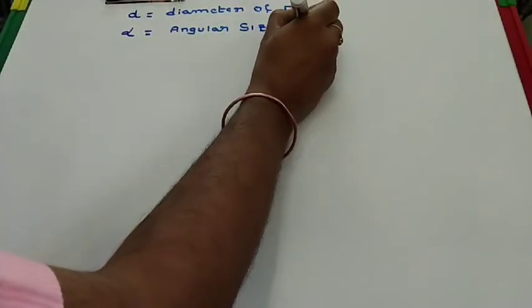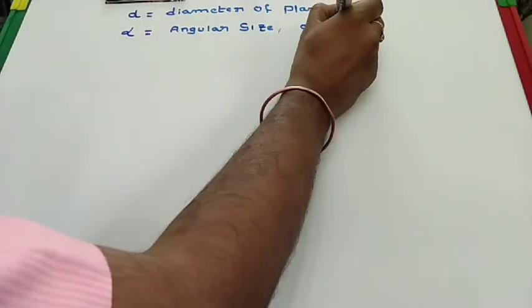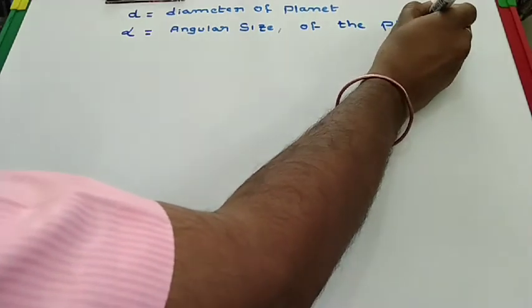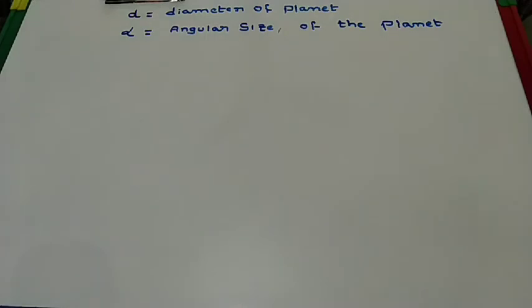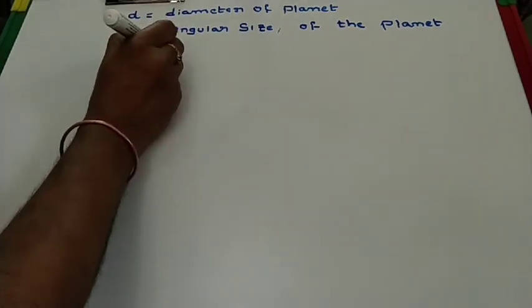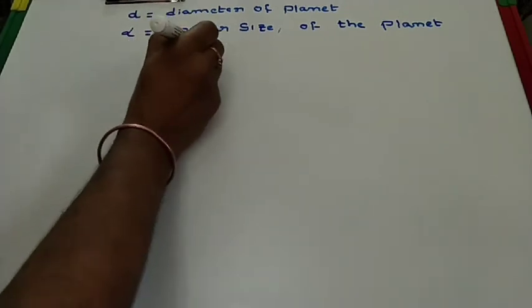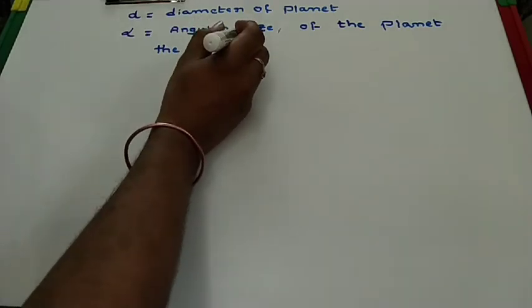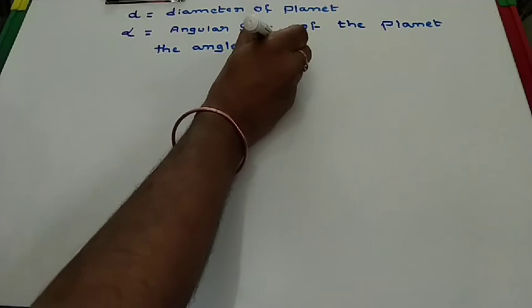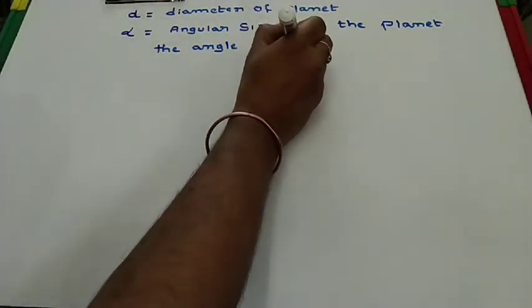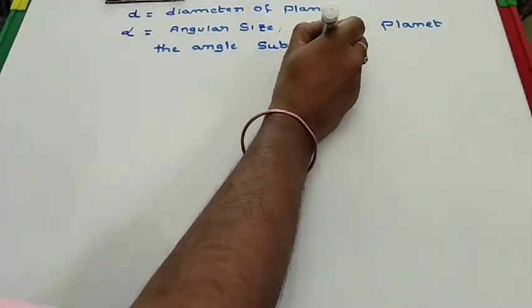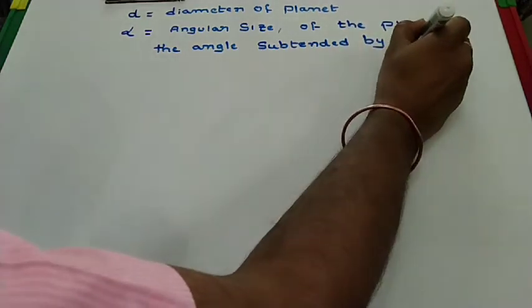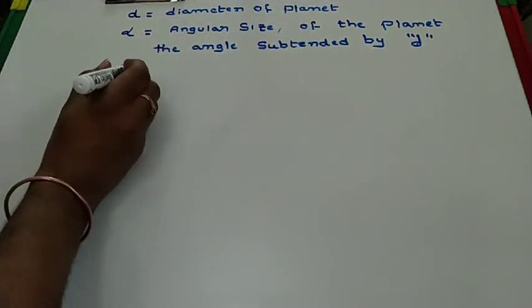Angular size of the planet: the angle subtended by small d at the earth.